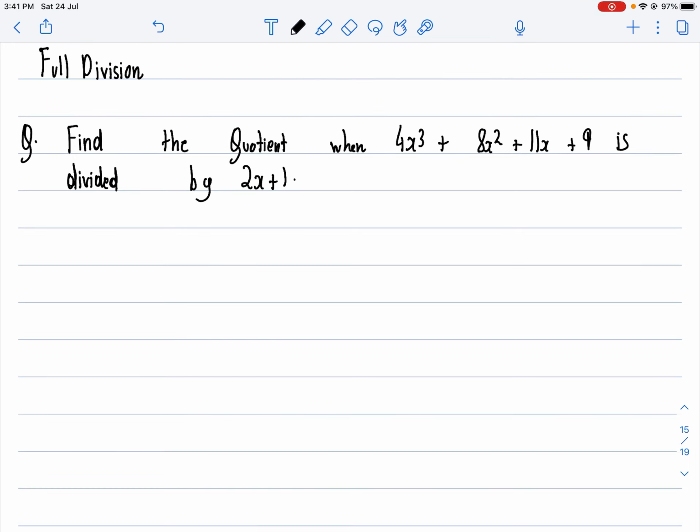First, the question means that I have 4x cube plus 8x square plus 11x plus 9. I'll just write it down. This is divided by 2x plus 1, and the divided-by part goes in the denominator.